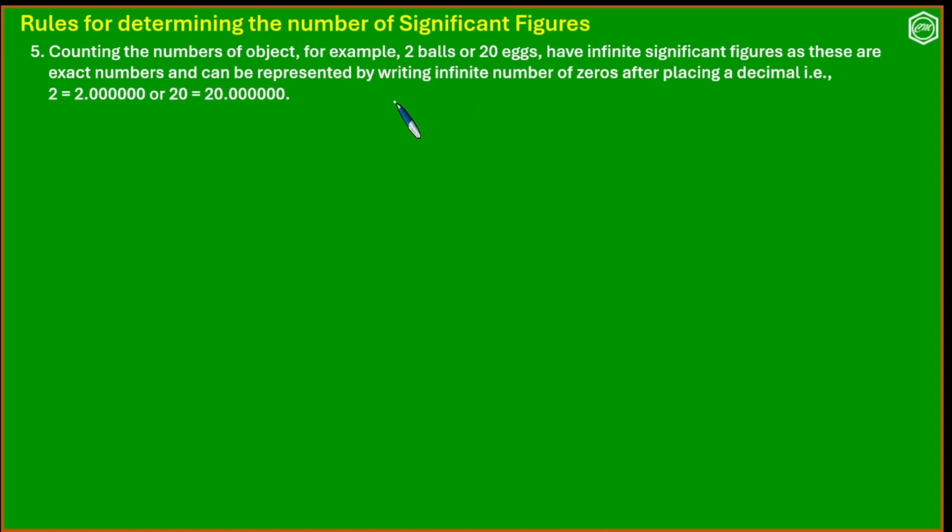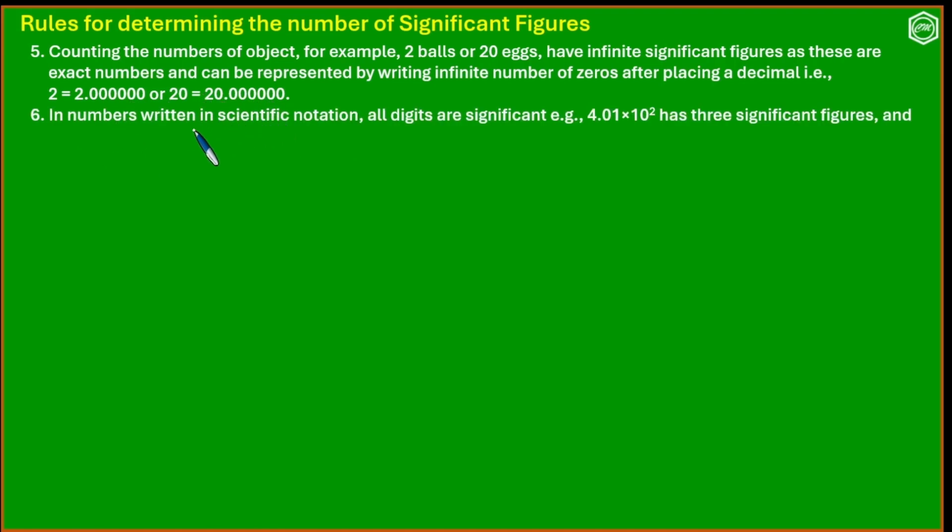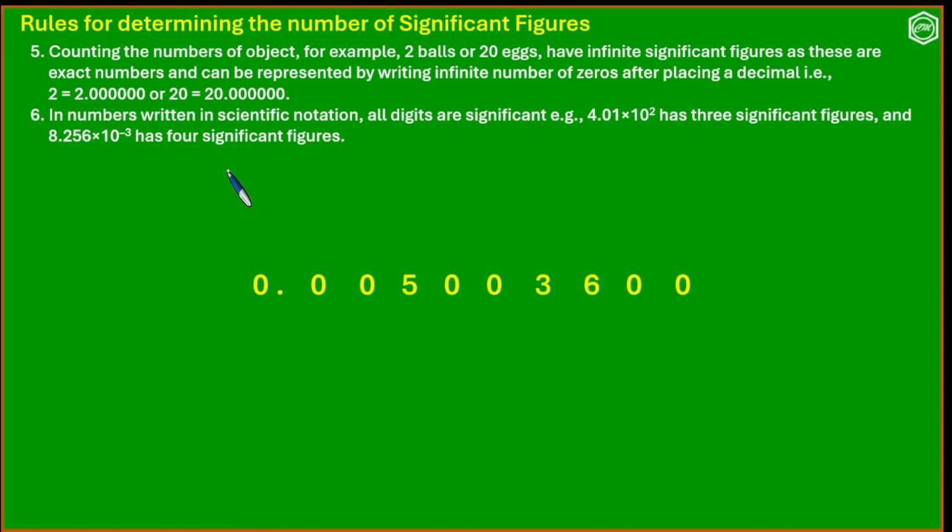That is 2 equals 2.00, etc., or 20 equals 20.00, etc. In numbers written in scientific notation, all digits are significant. For example, 4.01 into 10 raised to 2 has 3 significant figures, and 8.256 into 10 raised to minus 3 has 4 significant figures.